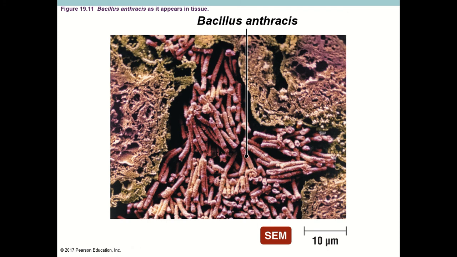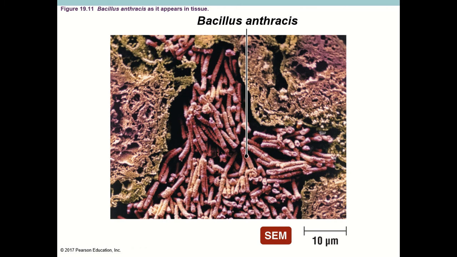These bacteria are unique in the fact that they do produce endospores, and the production of endospores allows this bacteria to be highly adapted to many different types of environments.